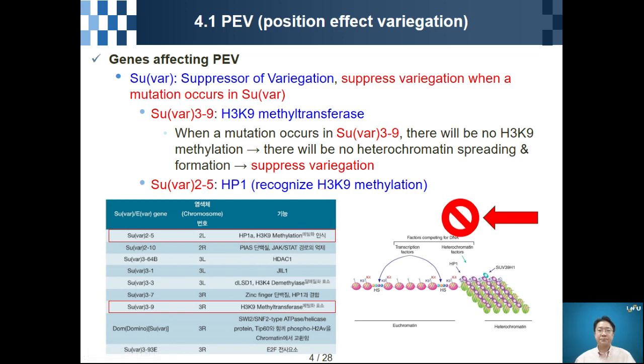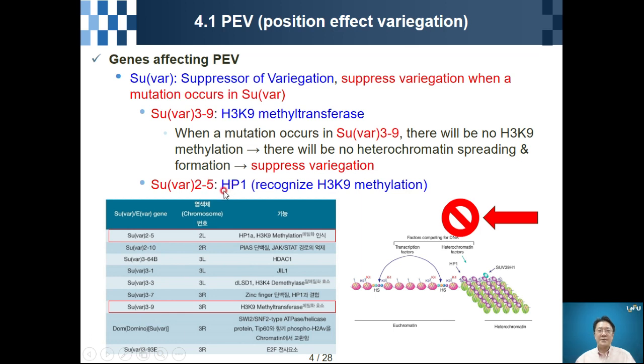In this slide I summarized the SU(VAR): the first one is SU(VAR)3-9 and the second one is SU(VAR)2-5.